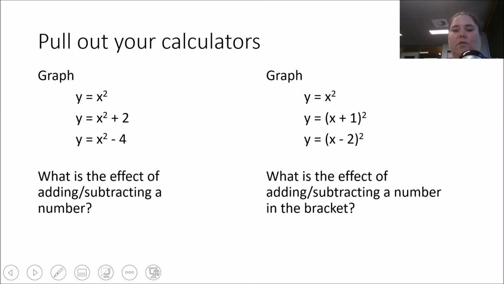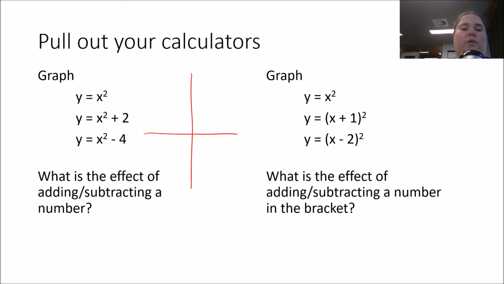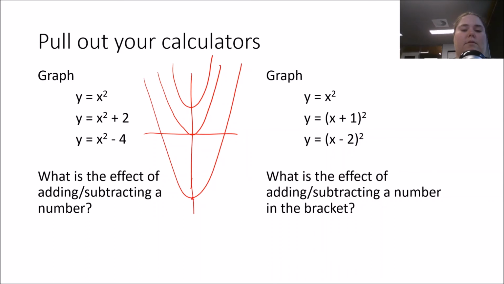Alright, and the last sort of transformation we can have. Stick them in your calculator, see if you can come up with it first. Hopefully what you've come up with is this. So what happens when we're adding a number or subtracting a number from our function is that we are moving the graph up and down.